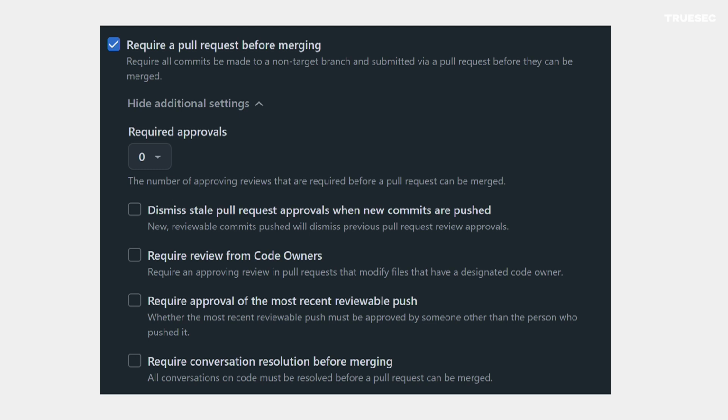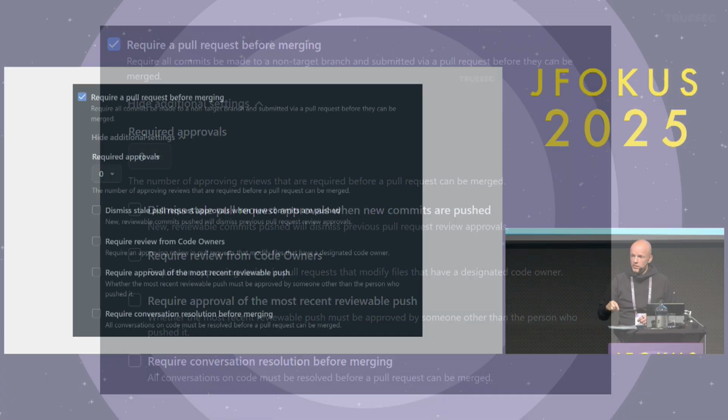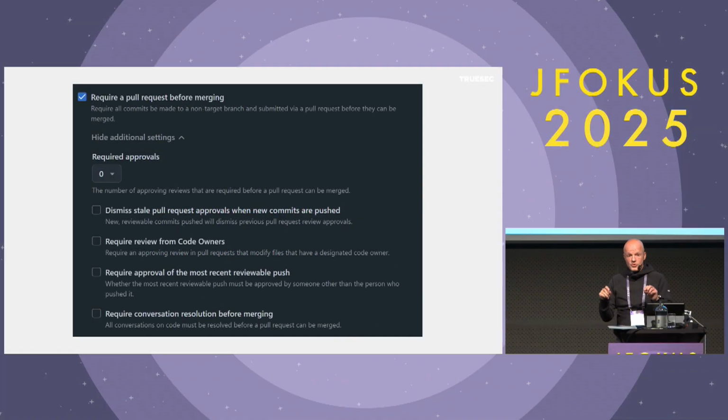And then you should also dismiss stale pull requests and require an approval of the most recent reviewable push. You need to understand these settings and enable them, and also understand that enabling these settings will break your current workflow a bit. You might lose some of the velocity, but then again, you become a bit more protected.